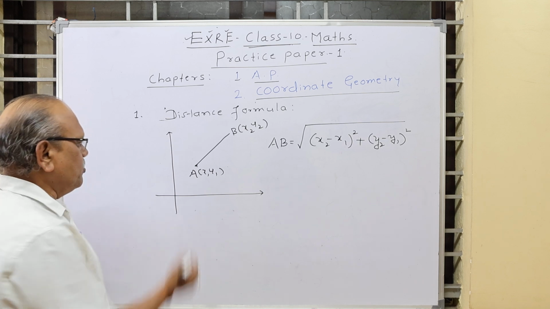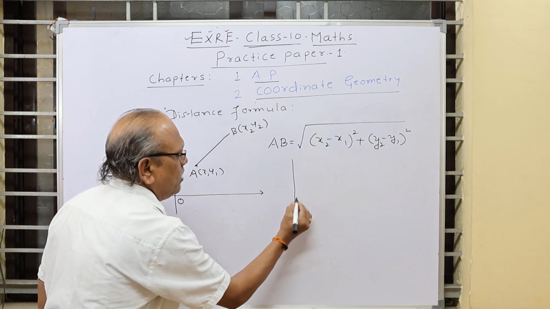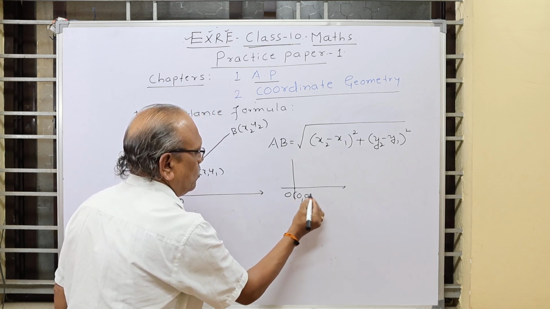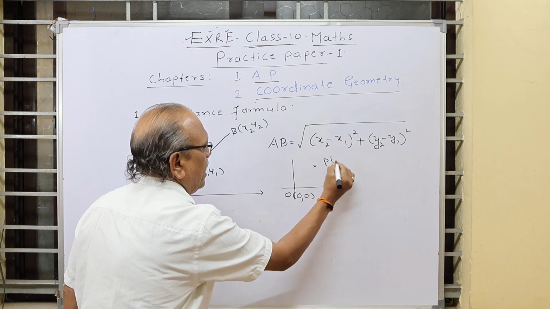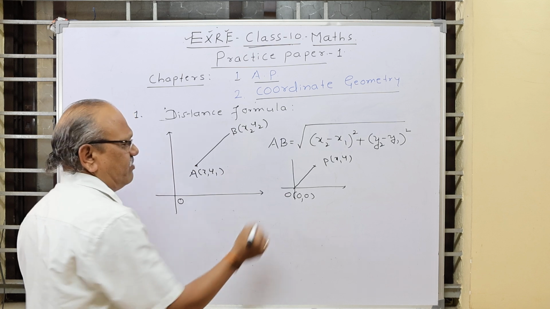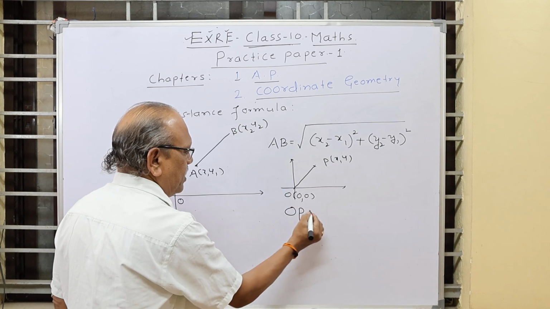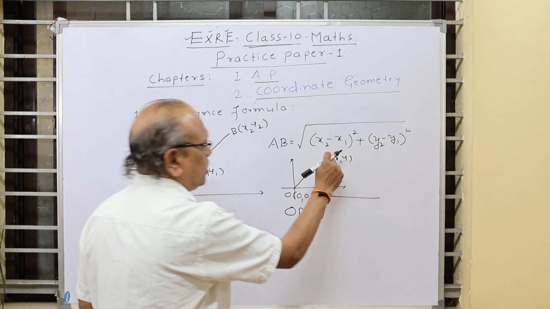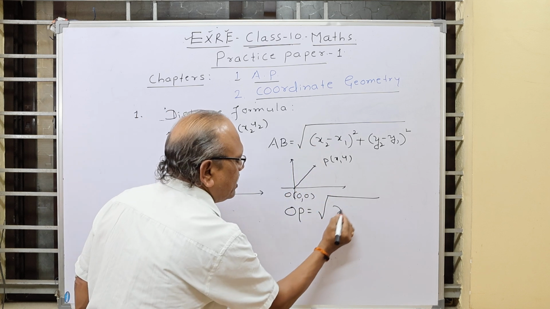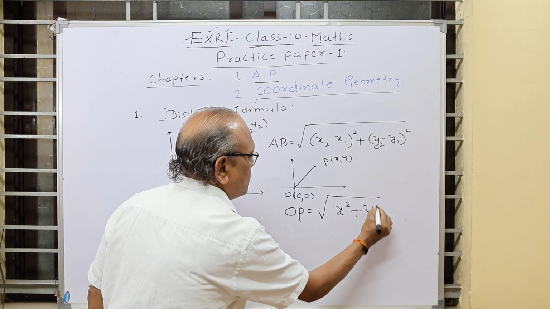Suppose that this particular point A is at the origin. How does the formula reduce? Suppose one point is the origin O (0, 0) and another point is any point P (x, y). The distance of any point P (x, y) from the origin is given by the simple formula root of x minus 0 whole square, which becomes x square, plus y minus 0 whole square, which becomes y square.